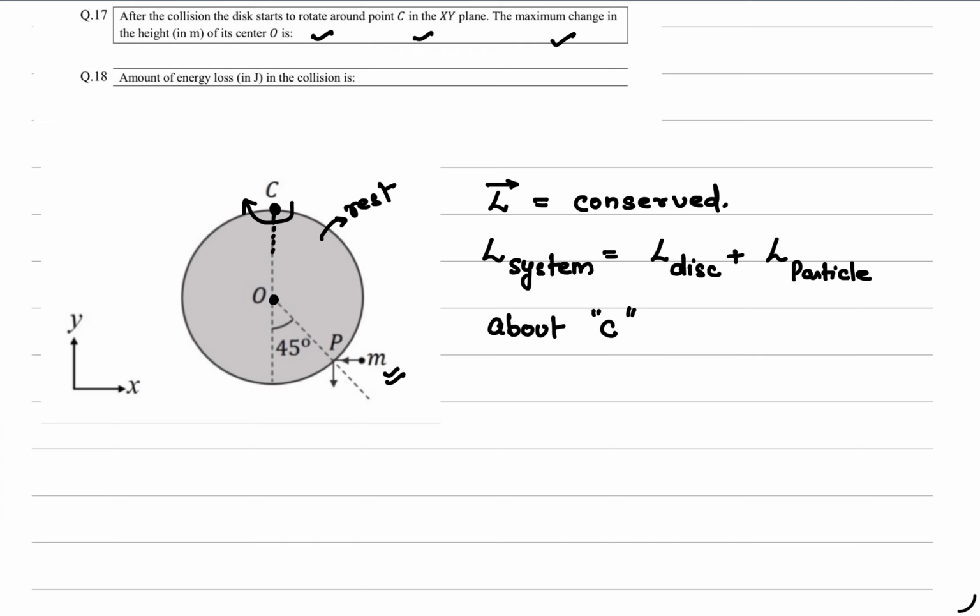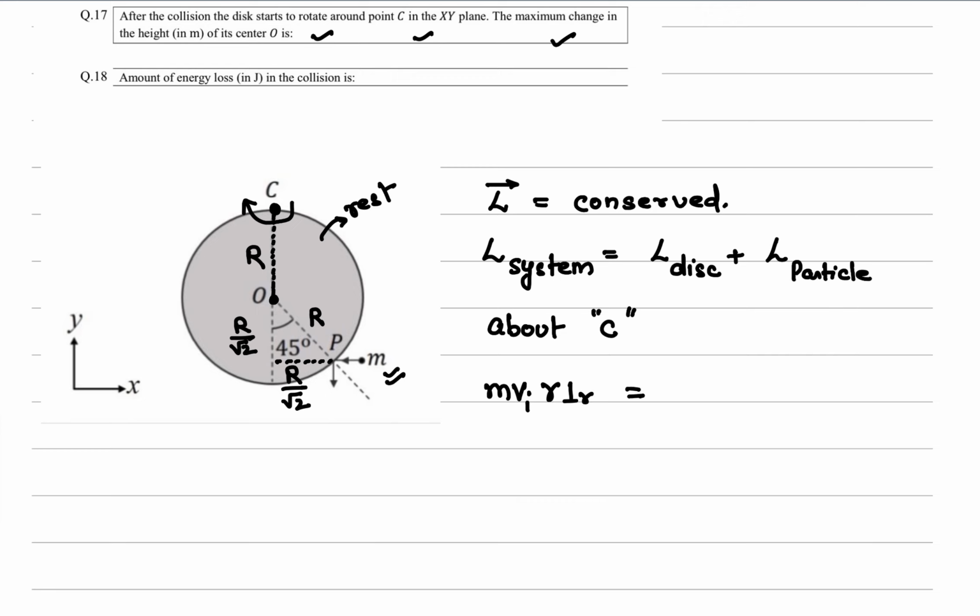This is the axis of rotation and this distance is r. This is also r. So this is r sine 45, so r by root 2, and this is also r by root 2. The angular momentum of the particle is m v initial into r perpendicular from the point of rotation.